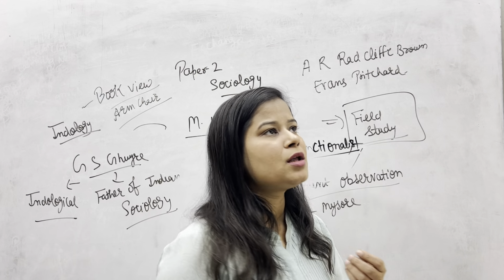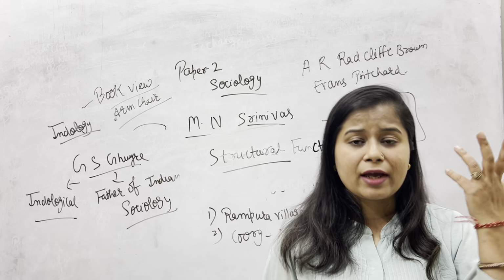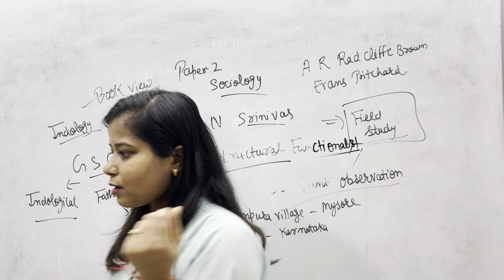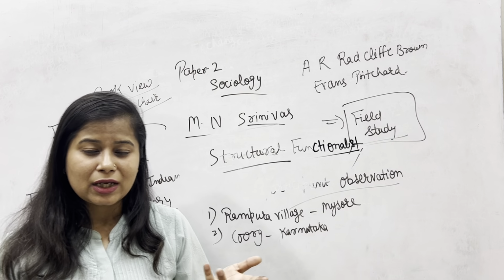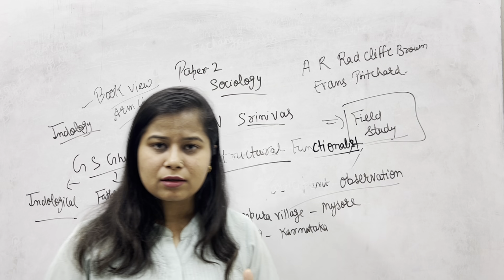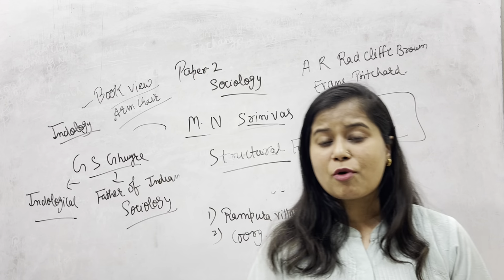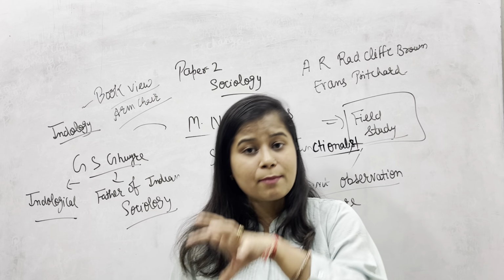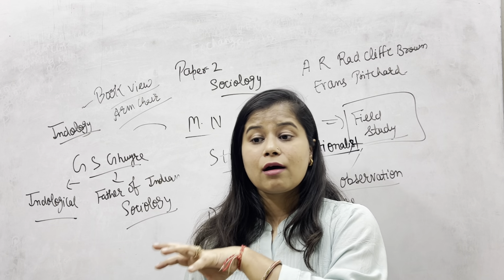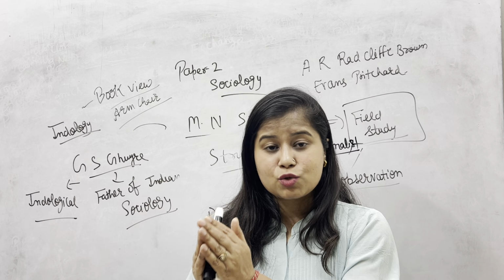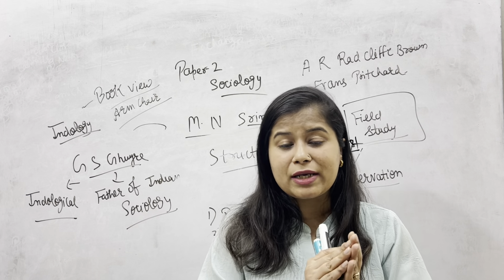For example, if I have a high fever, it will impact my body, right? My energy will be drained out, I am not able to perform certain functions. So one body part will impact the functioning of another body part also.